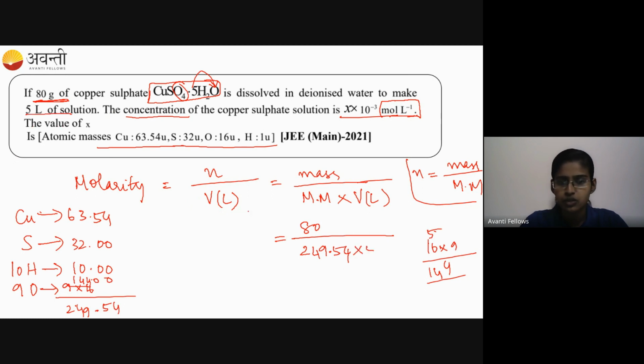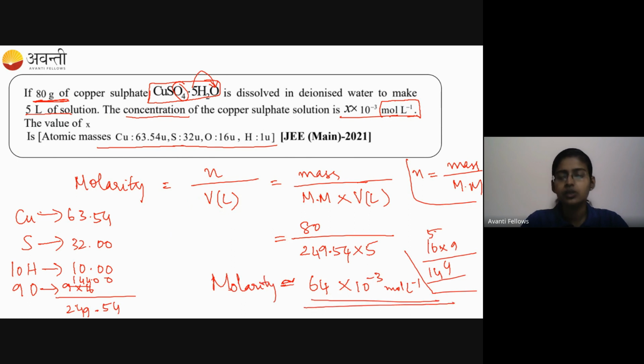So just substitute the value 5 here. And then if you solve this, you will get approximately 64 into 10 to the power minus 3 mole per liter. So the molarity of the solution is 64 into 10 to the power minus 3.